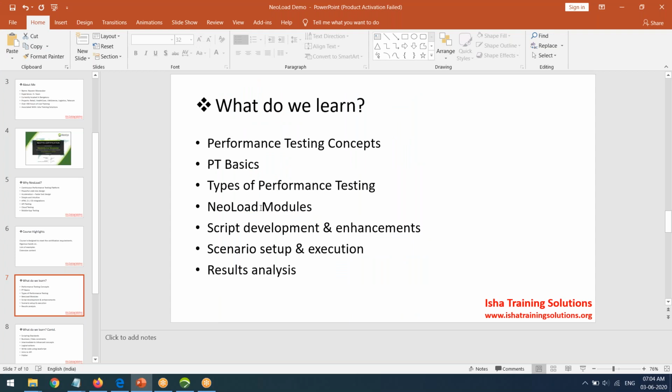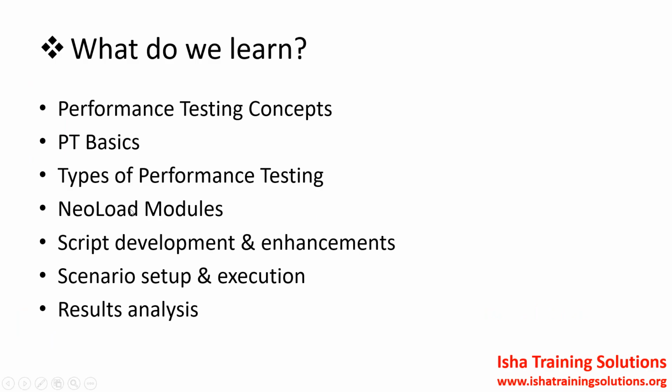So let it load. NeoLoad modules we will be looking at. There are 3 different modules that I'll walk you through. How we are going to record, develop, and enhance a script. When I say enhancements, there is going to be parameterization, correlation, validation, error handling, exception handling, and so on.